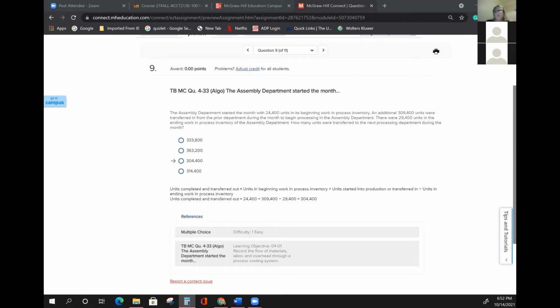So you have your assembly department that you started with 24,400 in that department. You added an additional 309. So that's why you had those together. So you have a total in the assembly department of 333,800. Okay, you add them together. The question is asking how many units were transferred to the next processing department for the month.